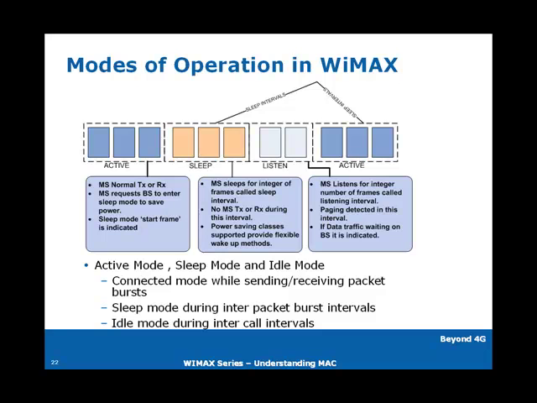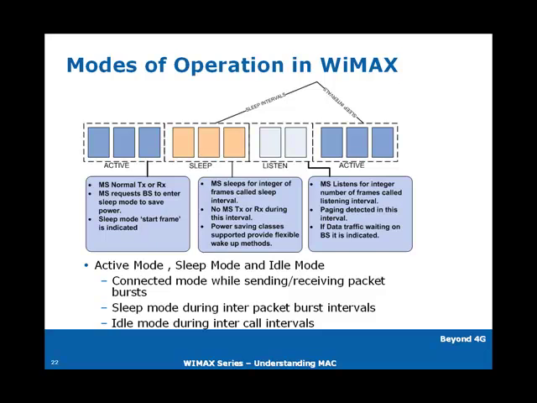In the next mode, which is called sleep mode, the mobile station sleeps for an integer time, which is also called a sleep interval. No mobile station transmits or receives data during this interval when a mobile station is in sleep mode. And power saving classes support flexible methods to start wake up of the device at an agreeable time.